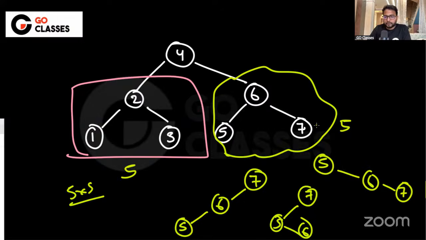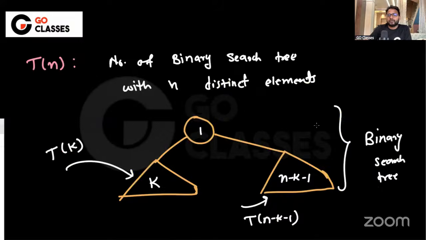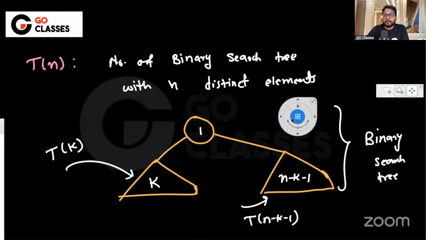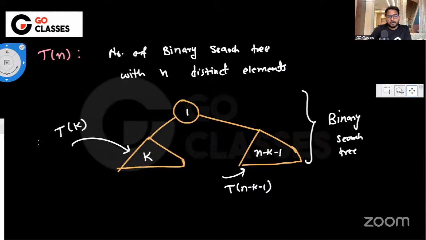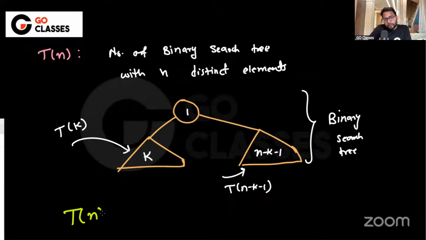Is this okay to everyone? So if I just ask you to write this recurrence, then how will you write it? How many total binary search trees are possible? You will say Tn, if Tn is the total number of binary search trees possible, it must be equal to Tk into T of n minus k minus 1, right? Is this okay to everyone?